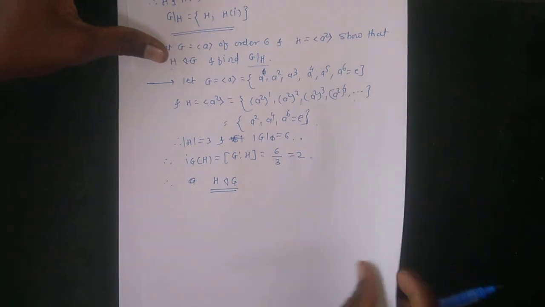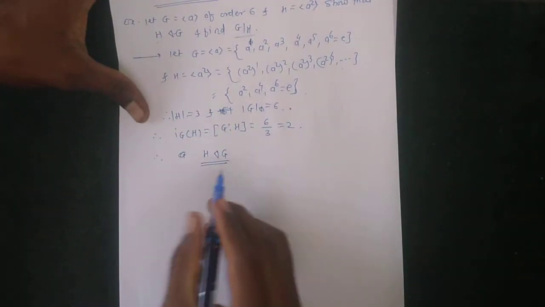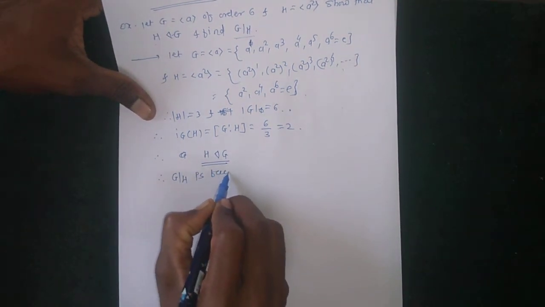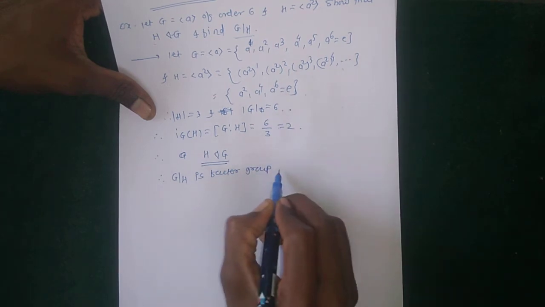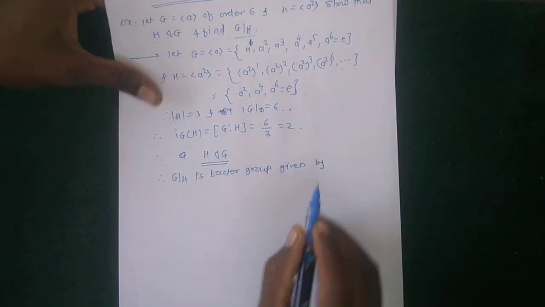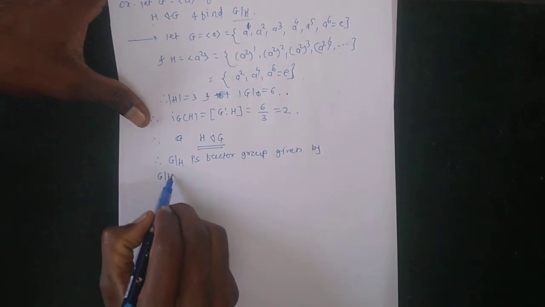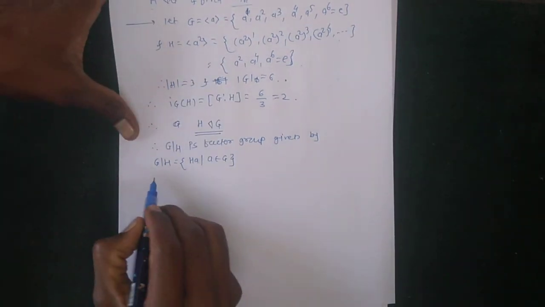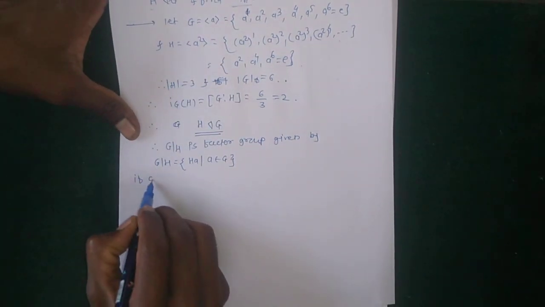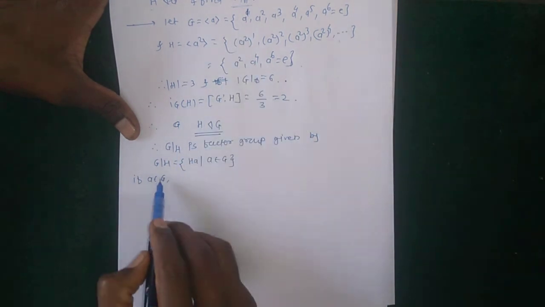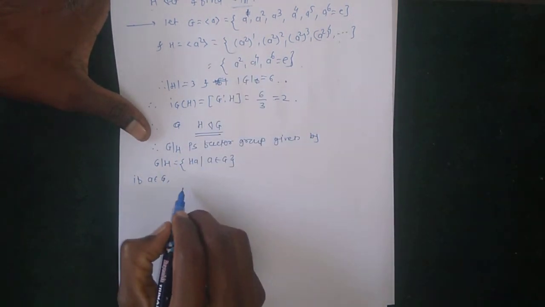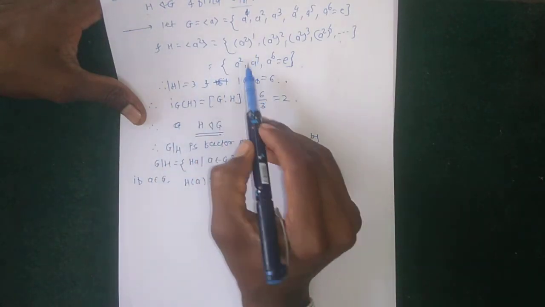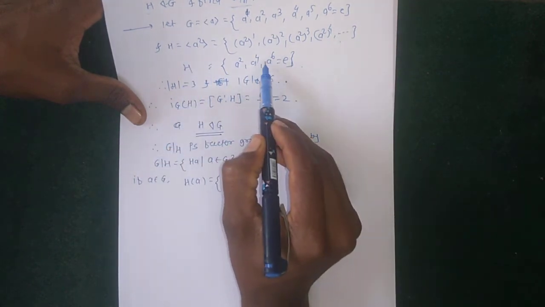To find all cosets of G over H, therefore G over H is factor group given by G over H equal to HA, where A belongs to G. Okay, therefore if choosing A raised to 1 belonging to G, then H of A equal to A multiplied by elements of H, means elements of H are A square, A raised to 4 and A raised to 6.